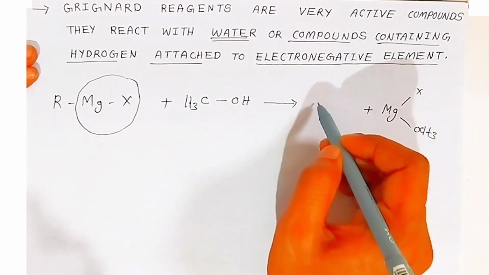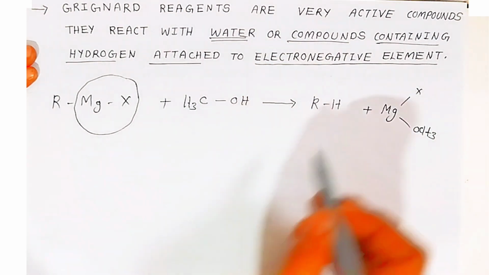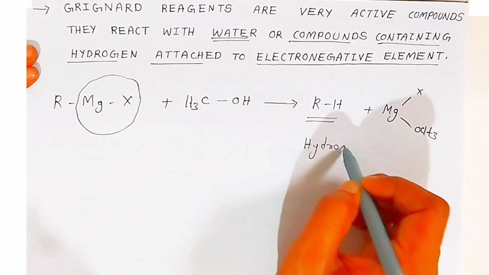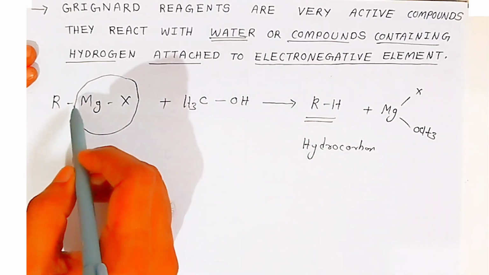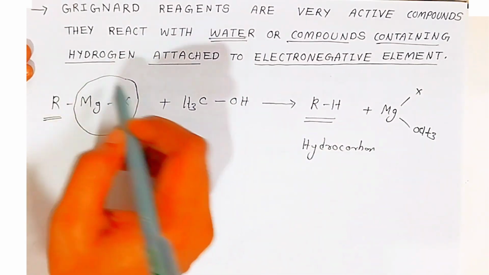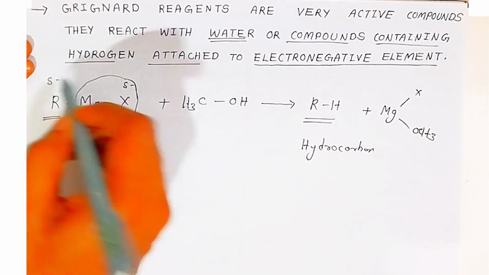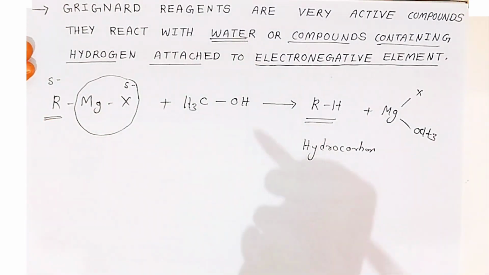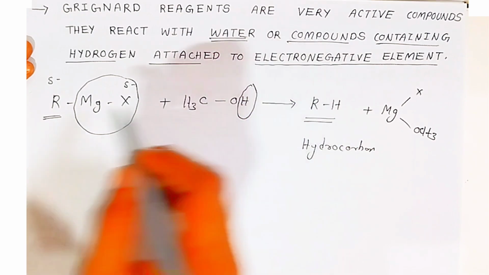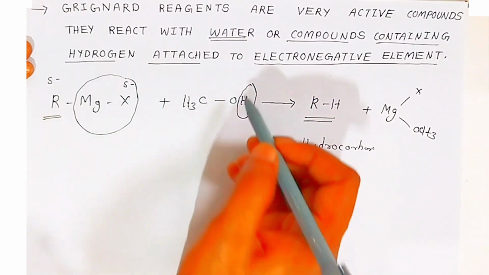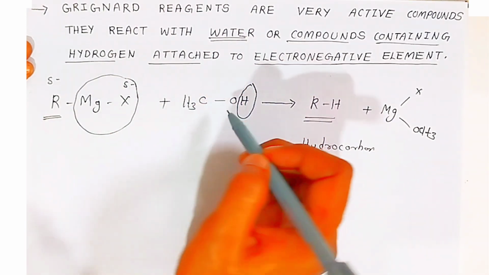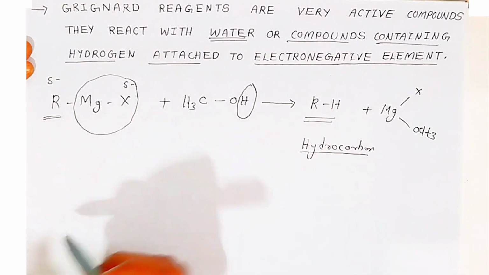Now it will form RH. This is the formation of hydrocarbons. This is a partial negative charge, students. Now this hydrogen will react with this part, and they will form the hydrocarbons.